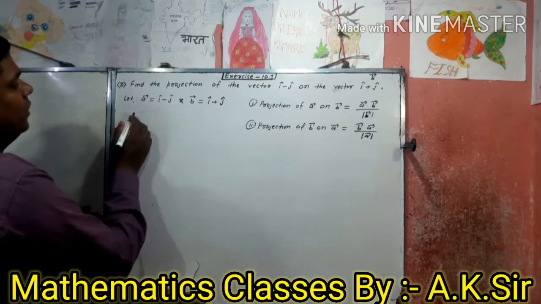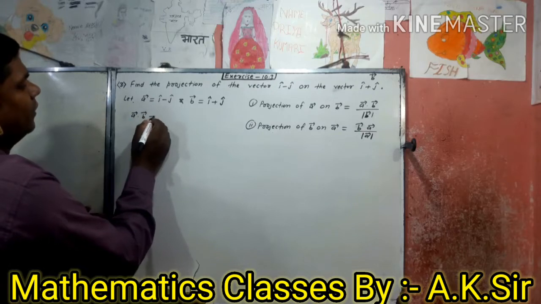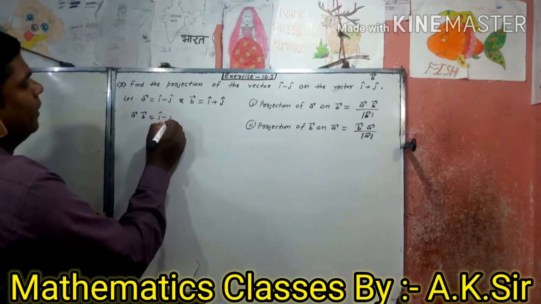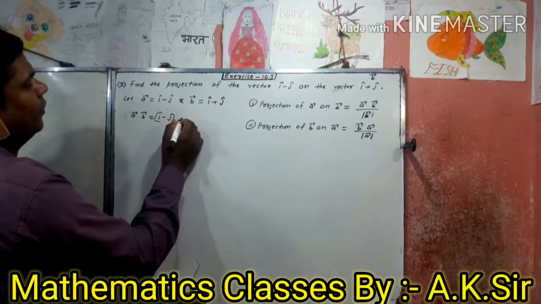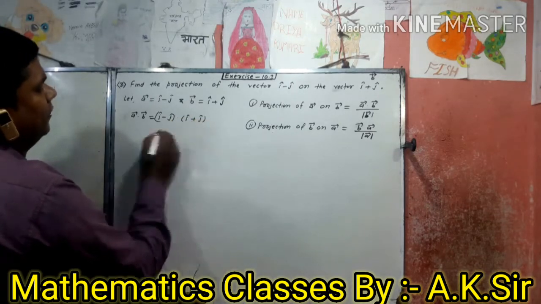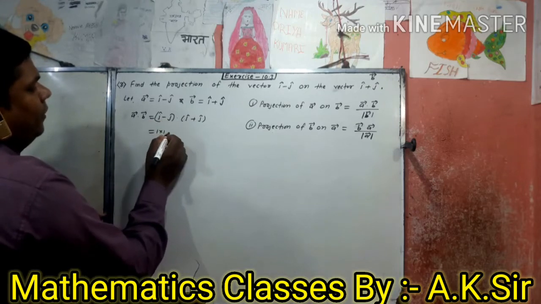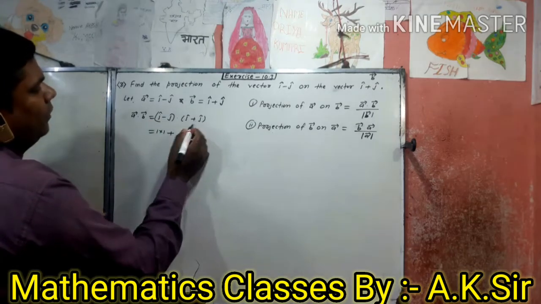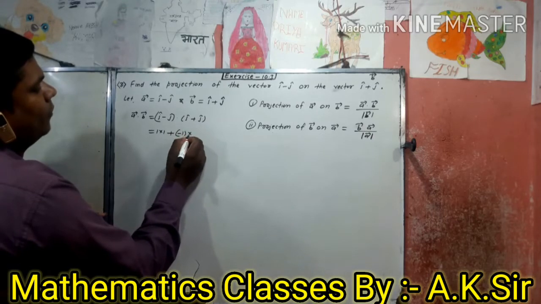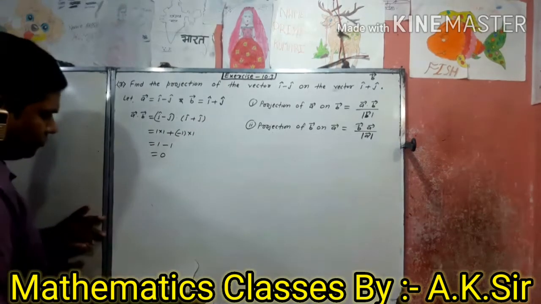First of all, we find A vector dot B vector: i cap minus j cap dot i cap plus j cap is 1 multiply 1 plus minus 1 multiply 1, which is 1 minus 1 is equal to 0.